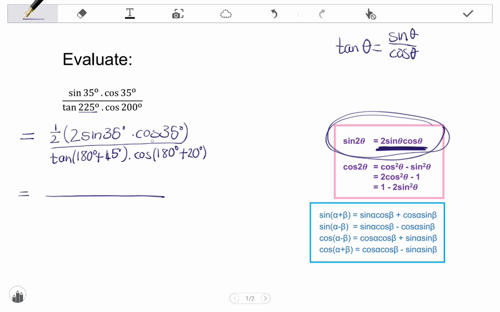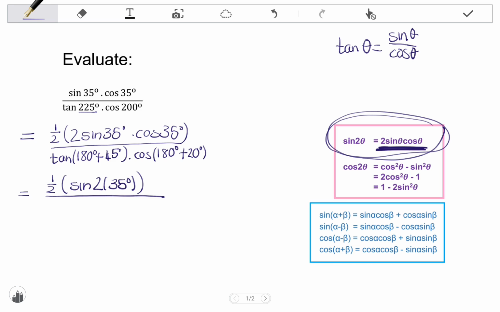But first, looking at the numerator, what I have in brackets is the expanded form of the sine double angle, so I am able to contract it, and it goes to sine 2 times 35 degrees.